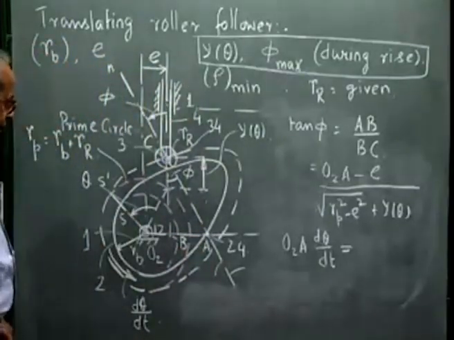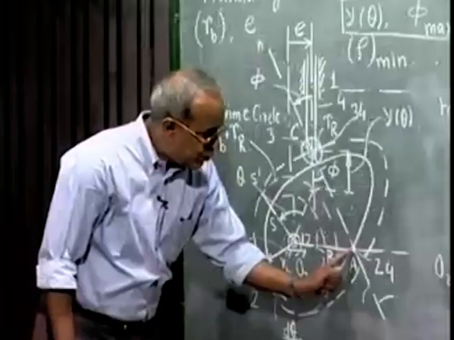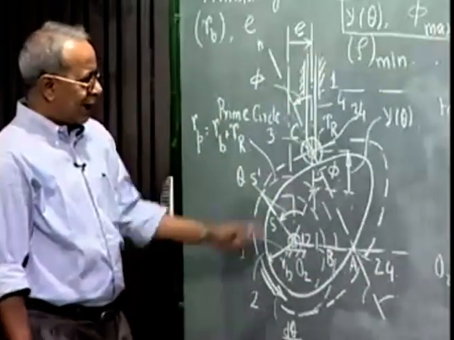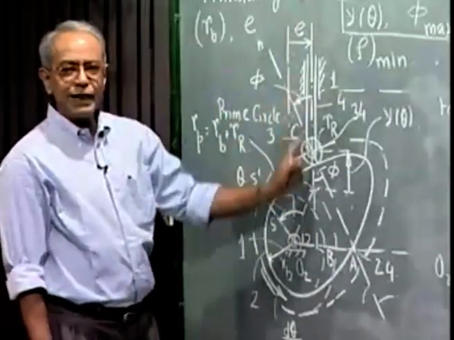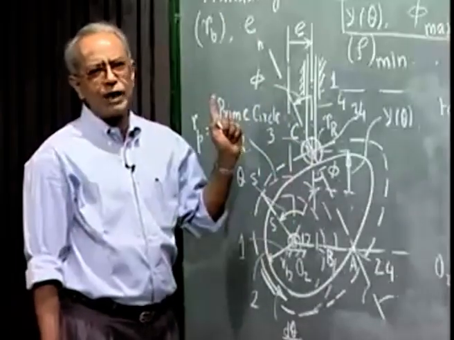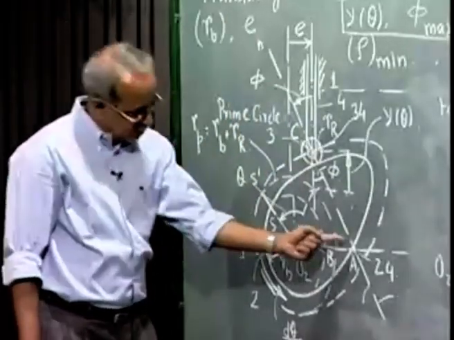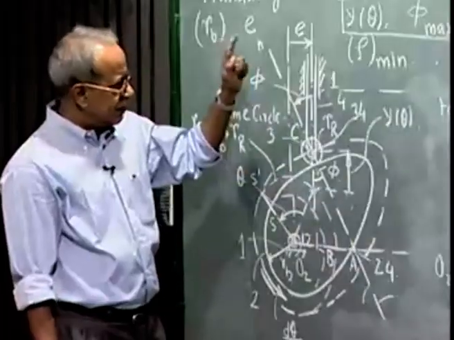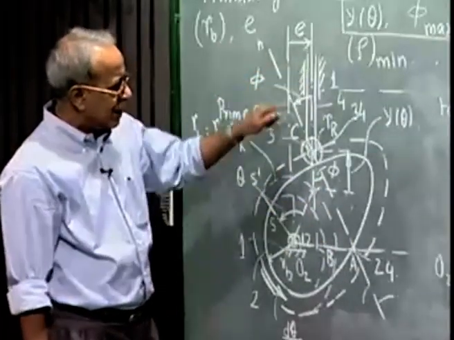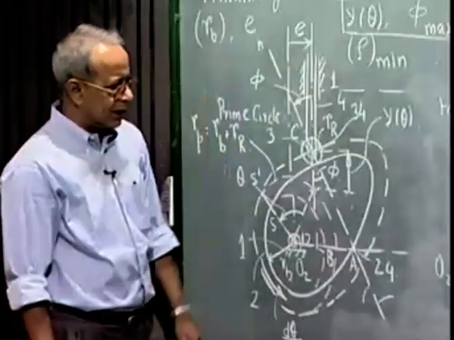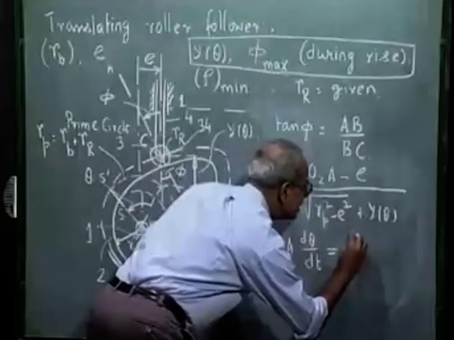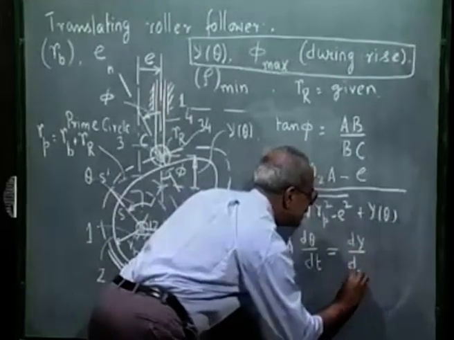Now if I consider it to be a point on body 4, that is the follower. As I know, the follower is a translating member, so all points on the follower have the same velocity. So this 2, 4, considering it to be a point on body 4, has a velocity which is nothing but the velocity of the follower, which is dy dt.